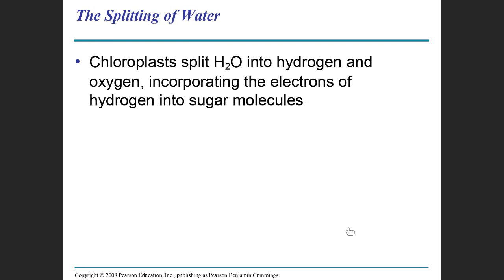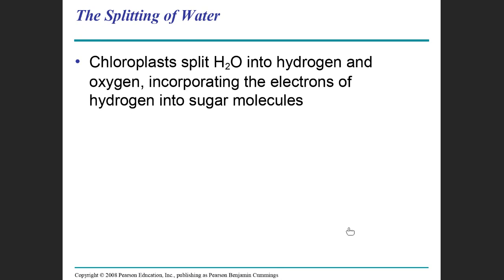So the oxygen that is produced by photosynthesis occurs at the very beginning of the process because water serves as the source of electrons. And the light energy helps to split the water molecule. And so we call that photolysis.